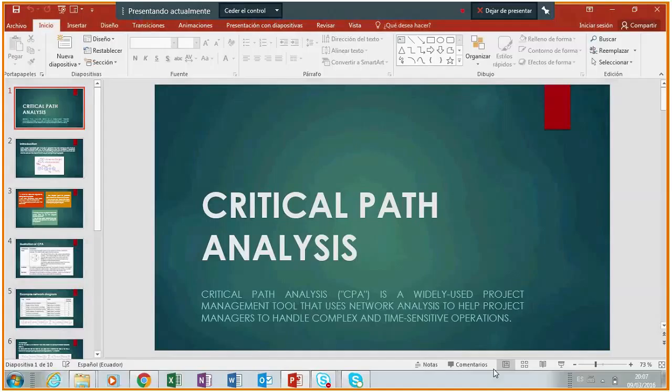This part is really important because you have to measure the time according to the activities for a specific project. You have to decide the time and especially the resources that you need to accomplish a project. So this part is very important.